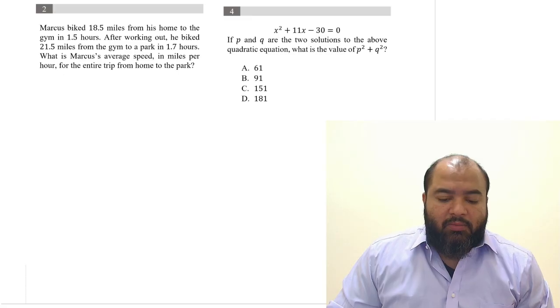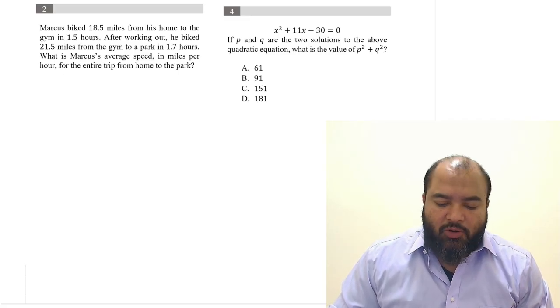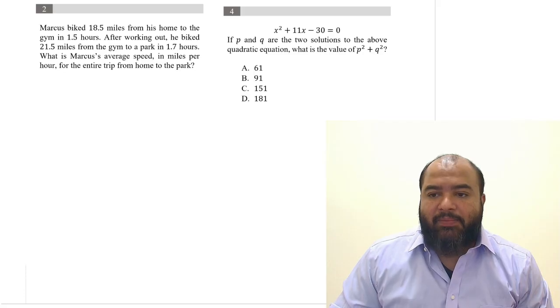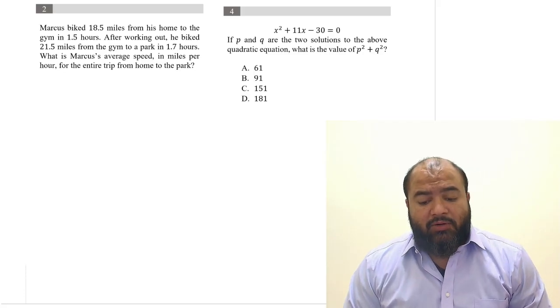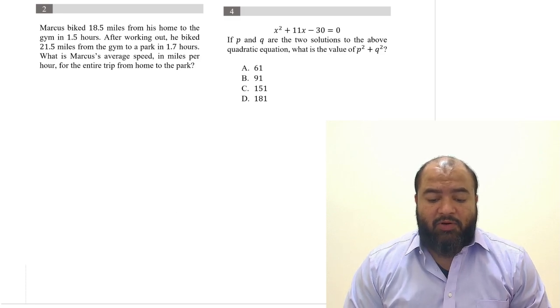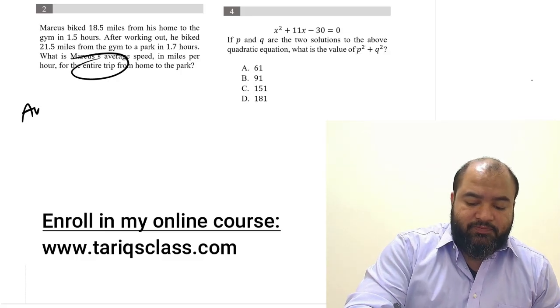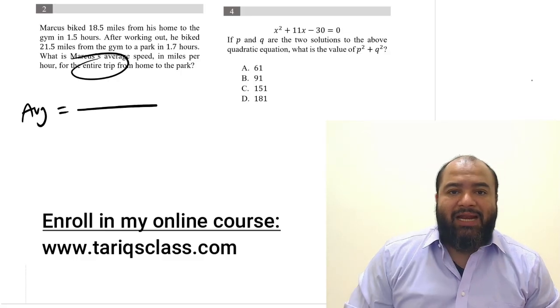Number 2, Marcus biked 18.5 miles from his home to the gym in 1.5 hours. After working out, he biked 21.5 miles from the gym to the park in 1.7 hours. Now, what is Marcus's average speed in miles per hour for the entire trip? If you want to find the entire trip average, I call it the grand average sometimes.